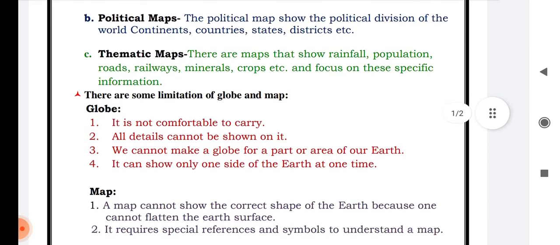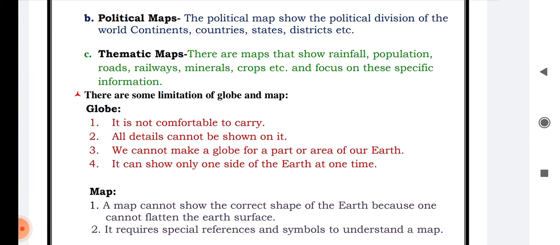Political maps. The political map shows the political division of the world: continents, countries, states, districts. When we talk about the political map, children, it is clear that the country is divided so that it can function properly.